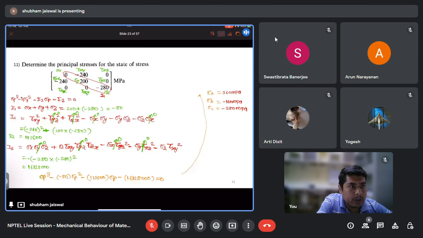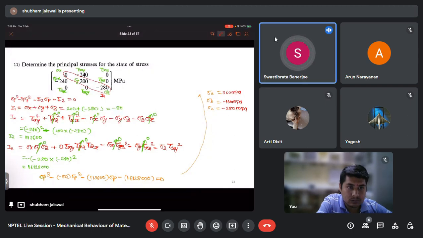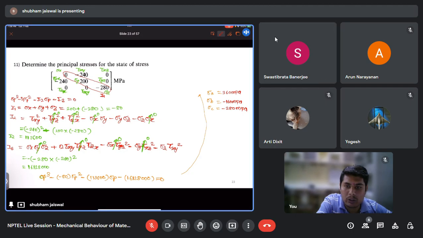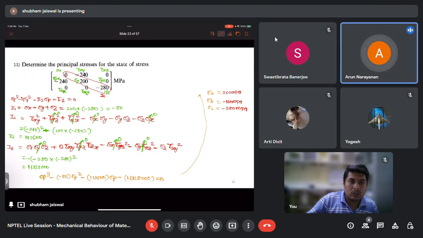Are you getting the values, guys? Sir, can you please solve it? Just use the calculator, go to the equation and insert the values of coefficients A, B, C, D, and you will get the roots of this equation. Yes, sir. It's coming. Minus 280, minus 160, and 360.